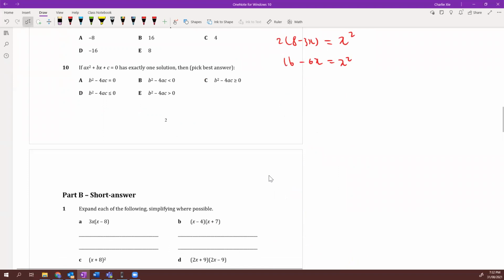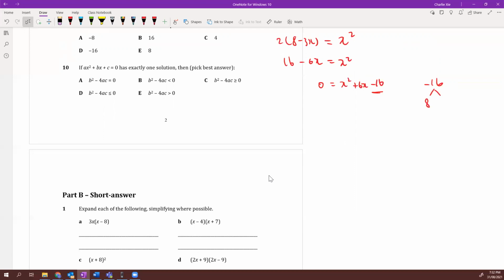Okay. And just move all the terms into one side. 0 equals x squared plus 6x minus 16. And factorize. You look at the trinomial. Your first priority method is to look at the last term, negative 16. You think about two numbers multiplied to get negative 16 and added to 6.